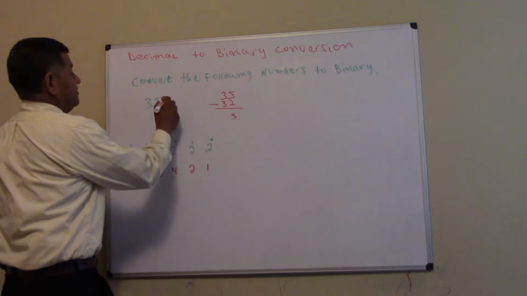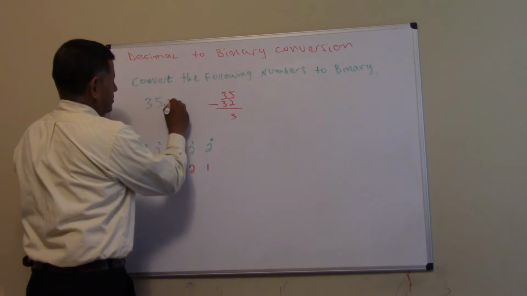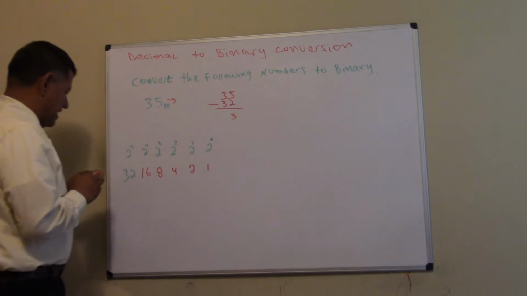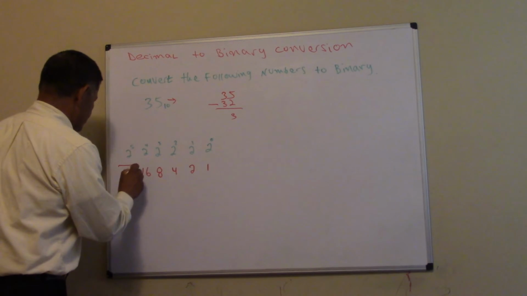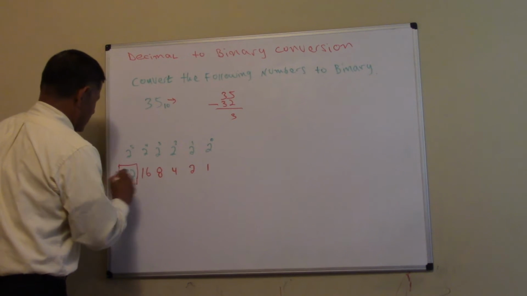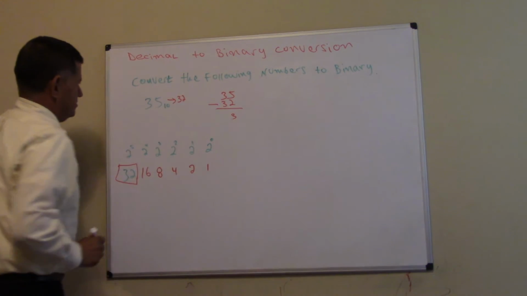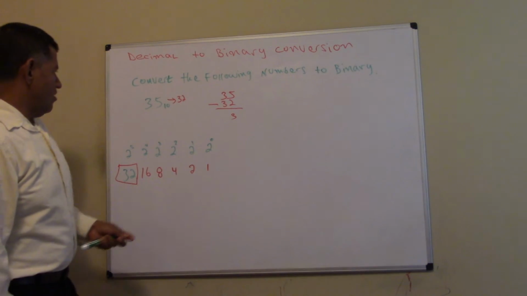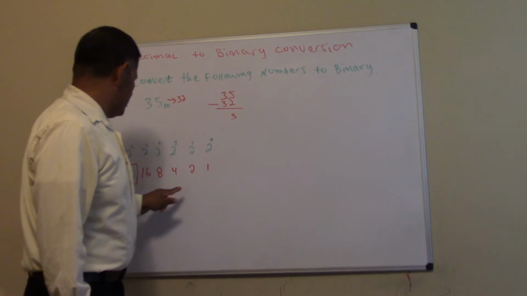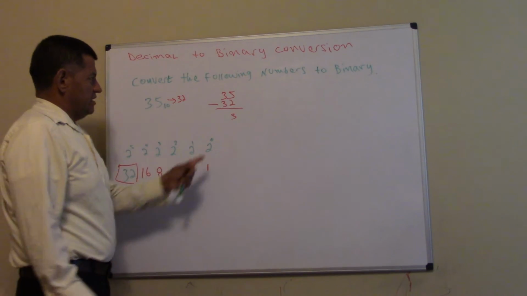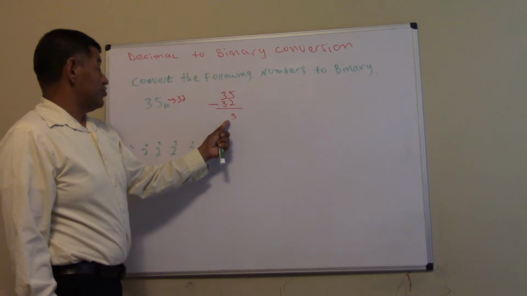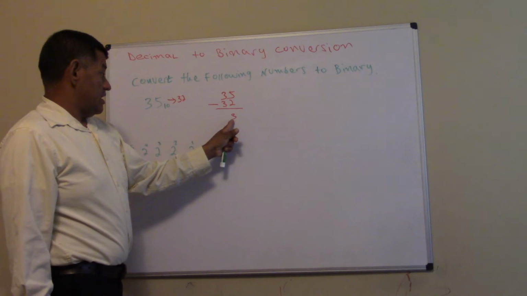But here's the important part, right? I put what number I am using. I already used this, okay? So I put 32 there, right? Now, the remaining difference that I have from 35 is 3, right?